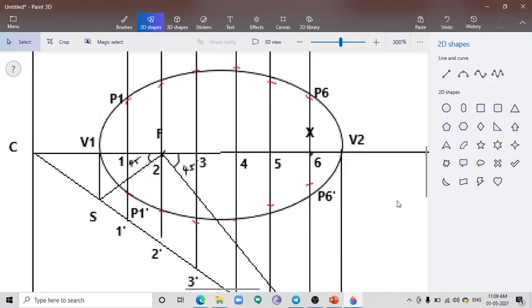So this is the curve which we need to draw. This is the procedure for constructing an ellipse.